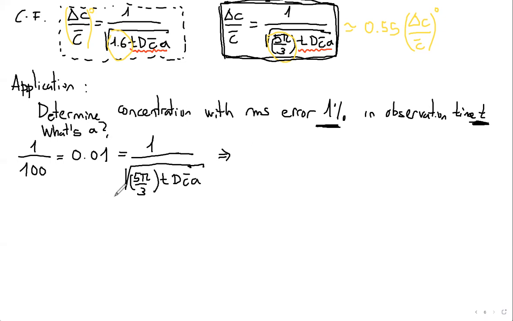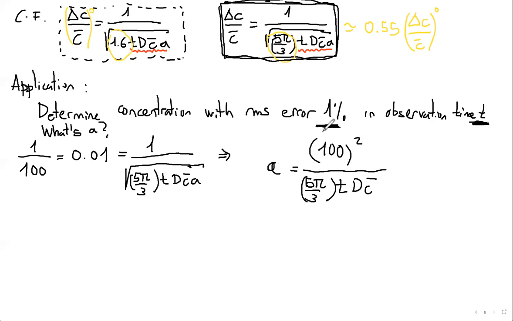So from this formula, I take squares. This is 1 over 100, so I pass it to the right. So I have 100 squared. In the denominator, I'll have the same thing, but without the square root. 5 pi divided by 3. Here I will have t D c bar, and I put A to the left.